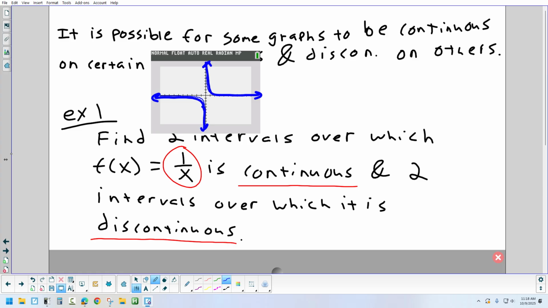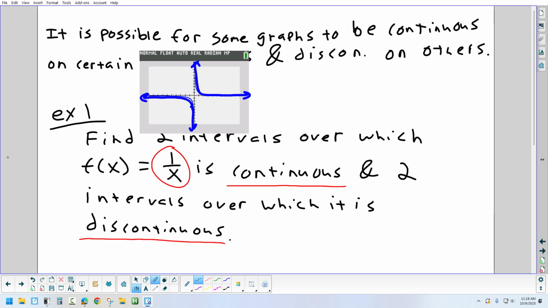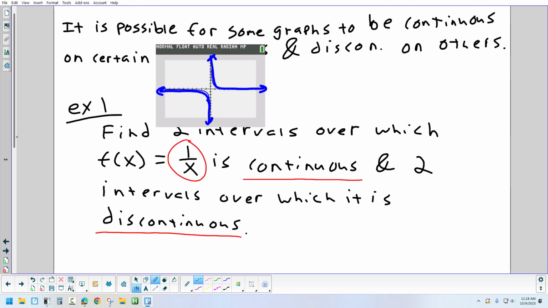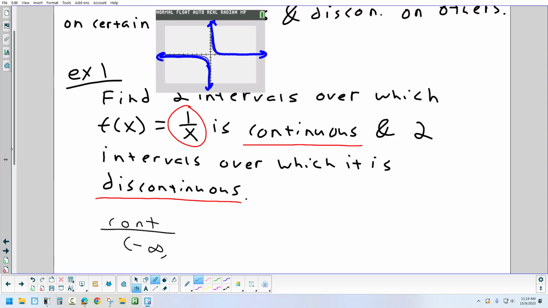Okay, so let's name two intervals in that graph that are continuous. Can anybody give me an interval that is continuous? Yeah? From negative infinity to 0. You said negative infinity up to what number? 0.